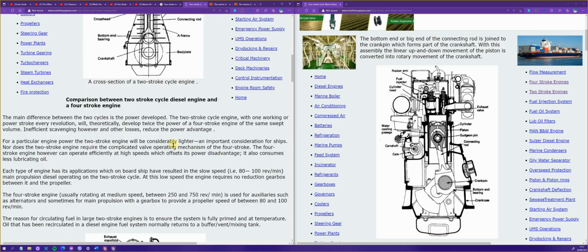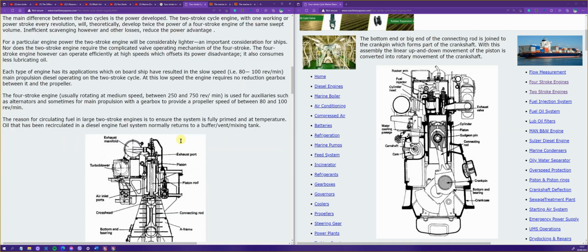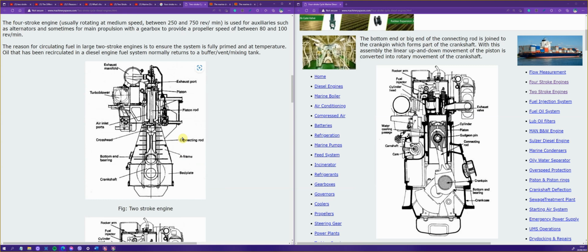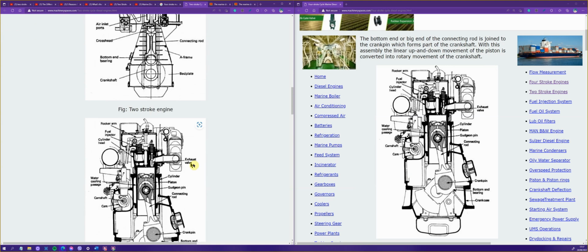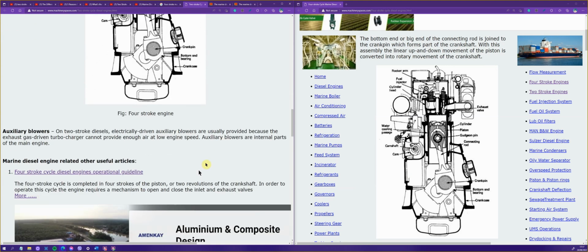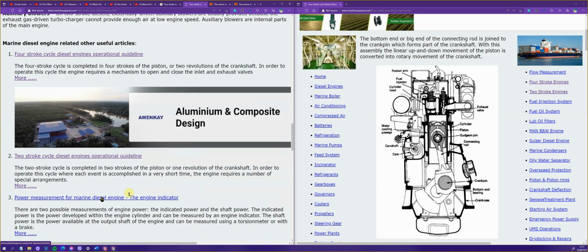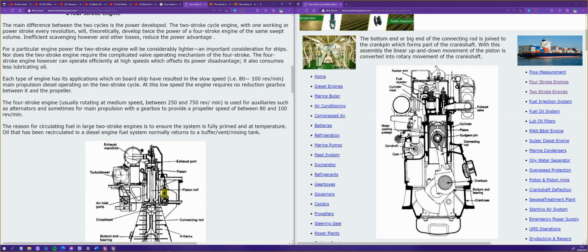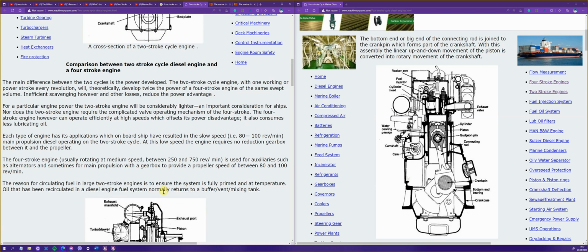Then, makikita nyo rin dito. Ito pareho lang yan eh. Ito, marami itong mga articles dito. Hindi ko na rin dini-discuss lahat in full detail so that you have something to read. Ito yan oh. Yung low speed is 80 to 100 revolutions per minute.